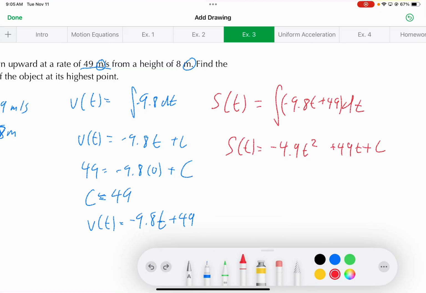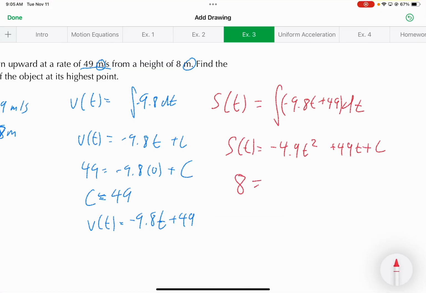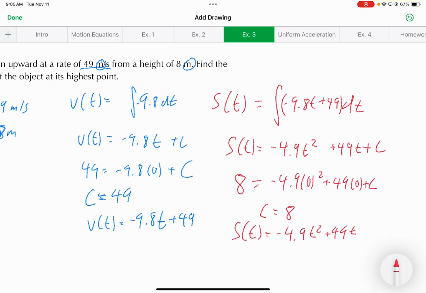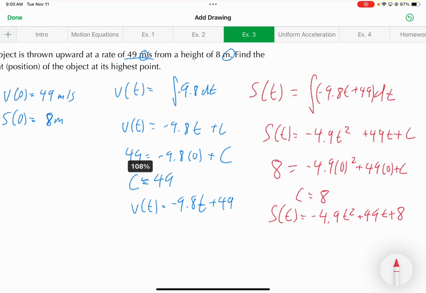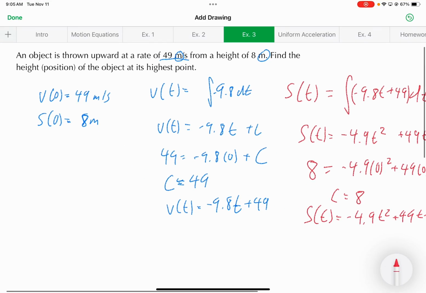We know that c is just going to be 8. Do you guys agree with that? It's the magic of working with a polynomial. But if I do plug in 0 for those values anyways, just to show c is equal to 8, I get that my position function is negative 4.9t squared plus 49t plus 8. There's something satisfying about gathering all the information you need first and then being able to answer the problem.